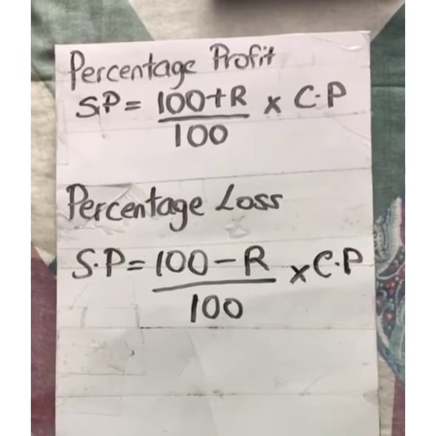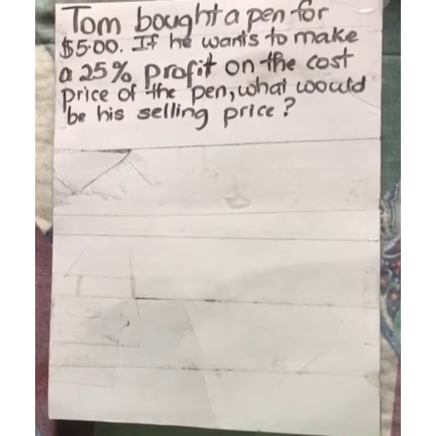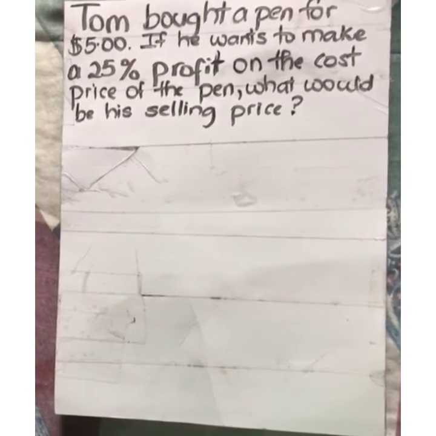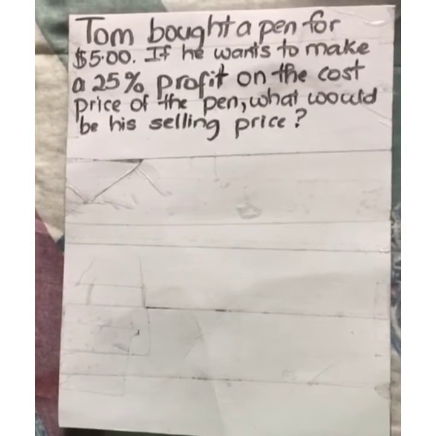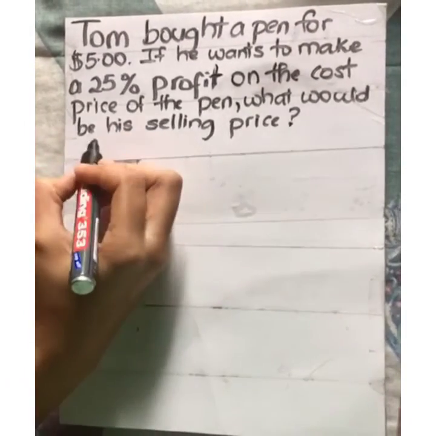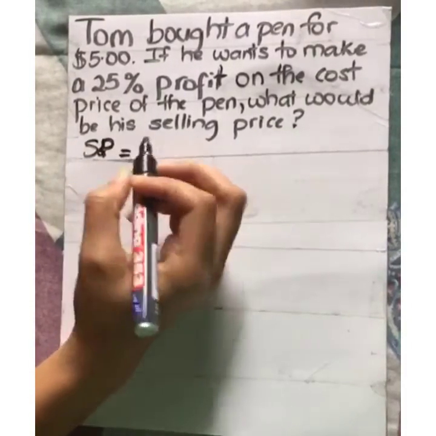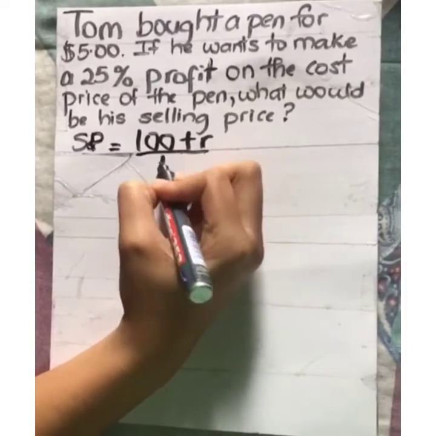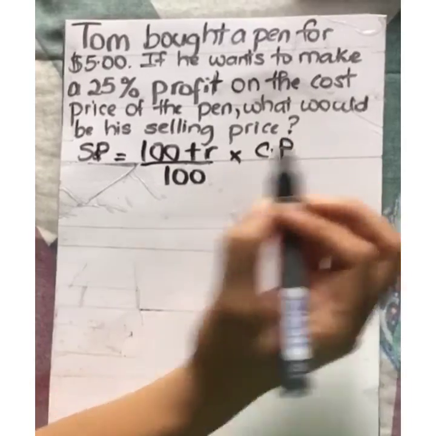Let us work out a question. Tom bought a pen for $5. If he wants to make a 25% profit on the cost price of the pen, what would be his selling price? So the formula is selling price is equal to 100 plus R divided by 100 multiplied by the cost price.